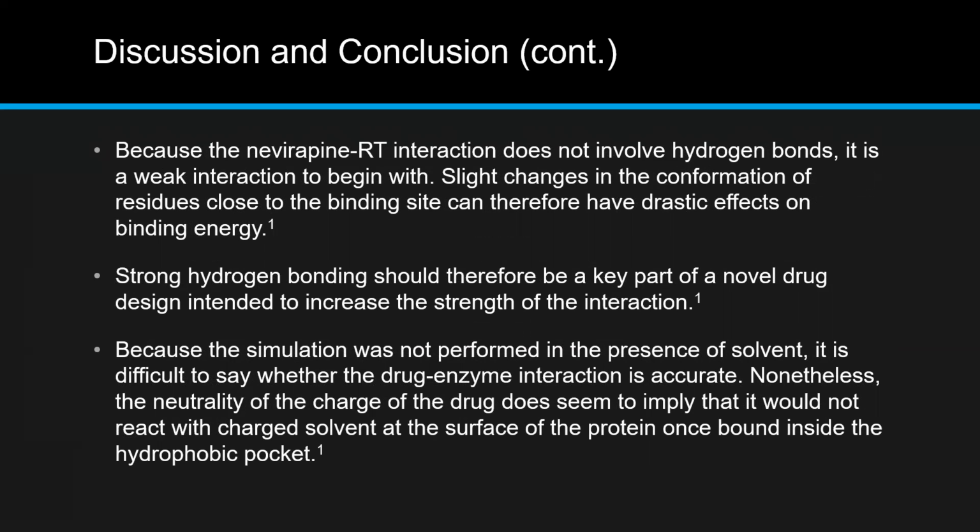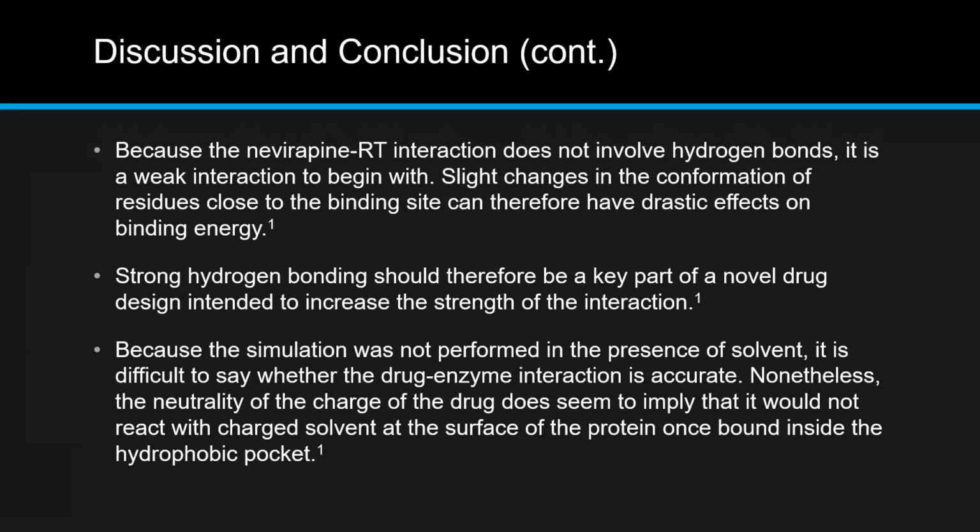So combining both of these problems, we can see that slight changes in the conformation of the protein close to the binding site can have drastic effects on the binding energy.